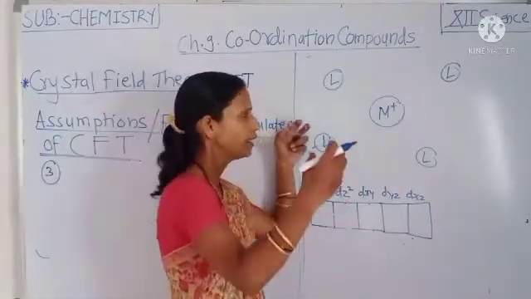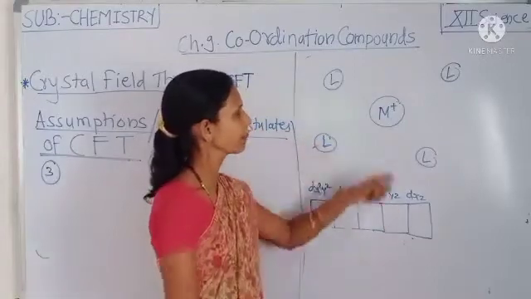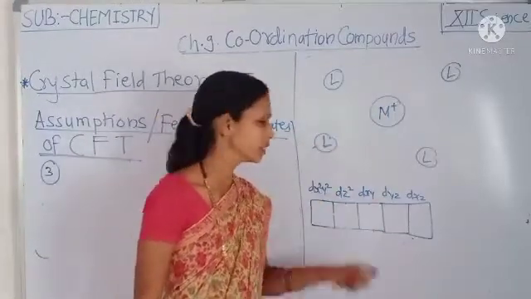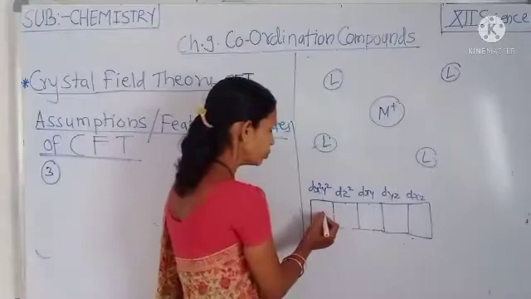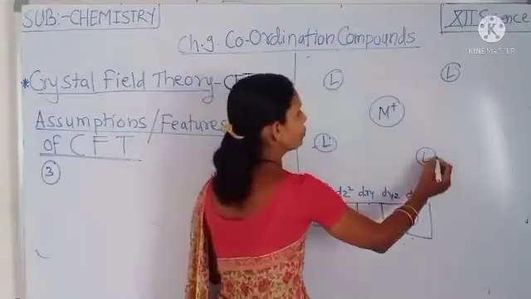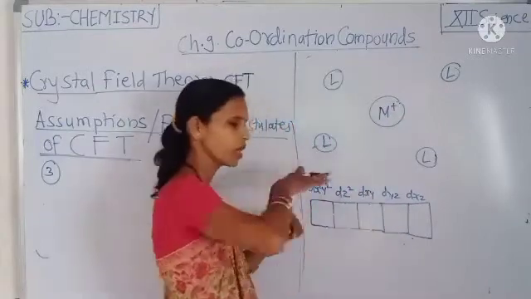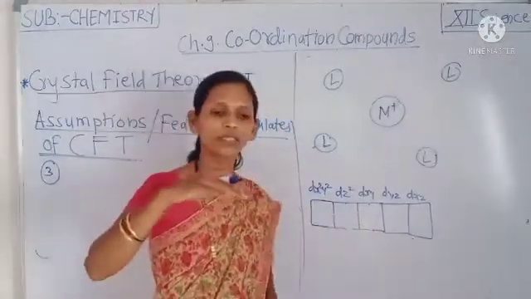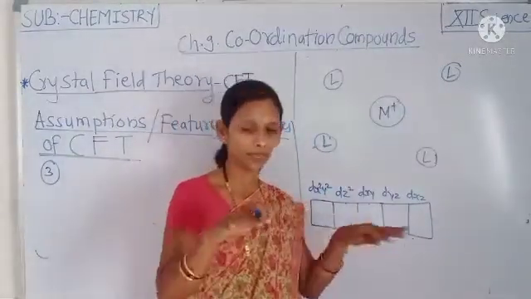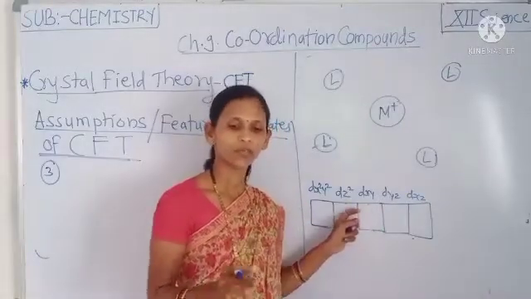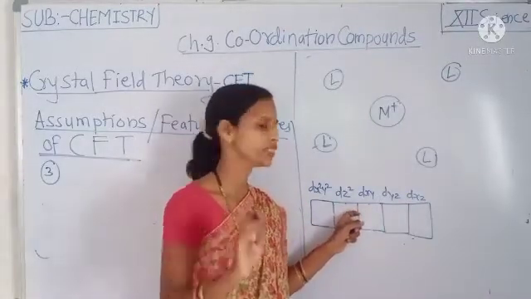Before the ligands approach the central metal ion, these d orbitals have the same energy level and remain intact, as they are.